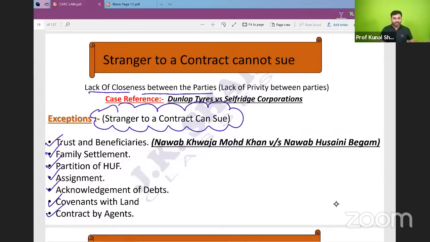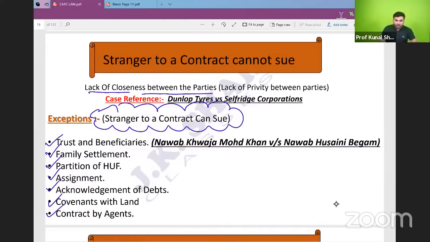For example, there is a case of trust and beneficiaries. I and Karthik entered into a contract wherein I made a promise to Karthik that, hey Karthik, I will be paying you a sum of rupees 10,000 per month, and this money should be specifically used for an orphan child named Sushmita.